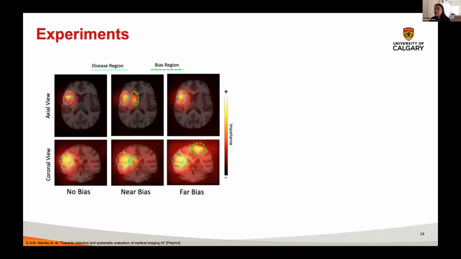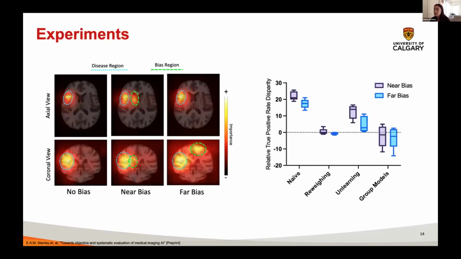We can see that the bias regions are highlighted here in the saliency maps. And since we know exactly what the model should be looking at in this setup, the setup facilitates a really highly objective way of studying explainability methods. For example, this could help us investigate like which explainability methods are good at identifying sources of bias and under which conditions.